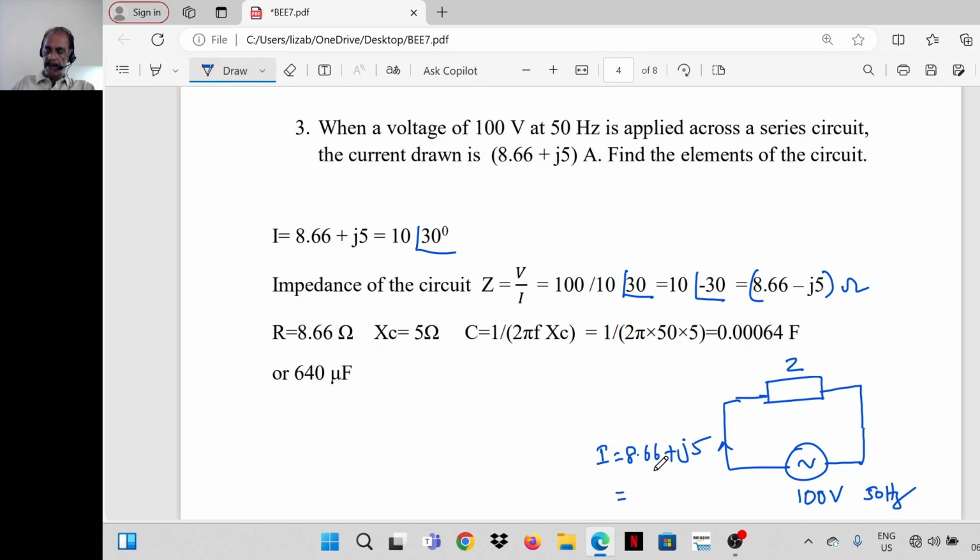The magnitude is square root of 8.66 square plus 5 square, which is equal to 10. The angle is tan inverse of 5 divided by 8.66, which equals 30 degrees. So the current is 10 angle 30.